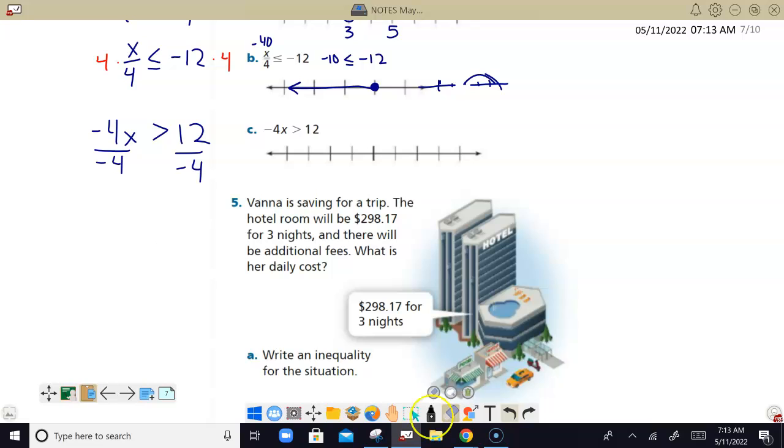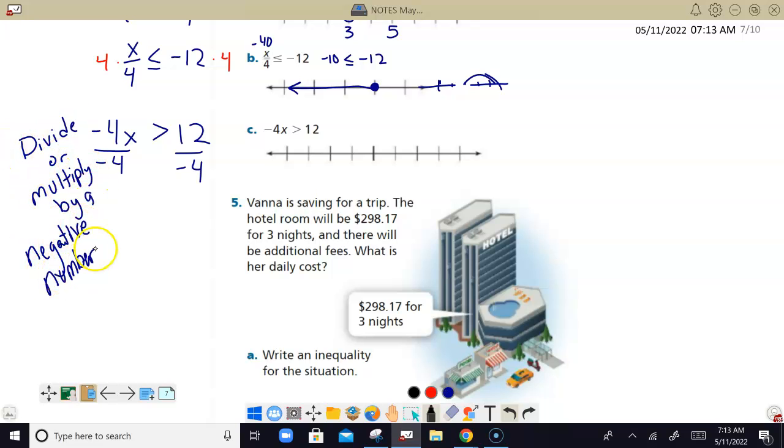As we saw in the examples, when we divide or multiply by a negative number, the sign will flip. We still have x over here, we still have a negative 3 over here, but the symbol is less than. If we check this, we have an open circle, and we're looking at numbers less than negative 3.